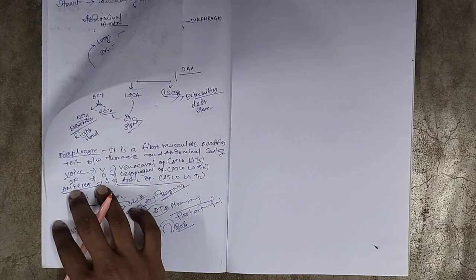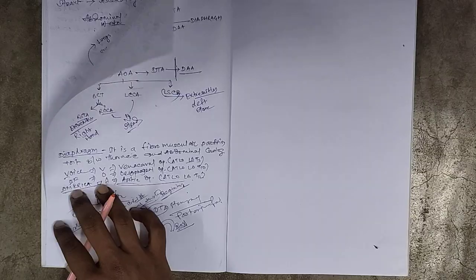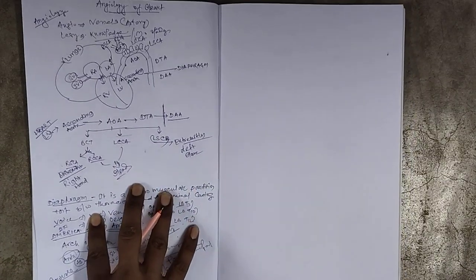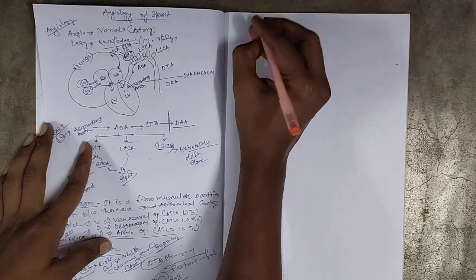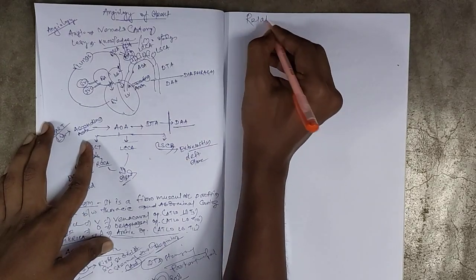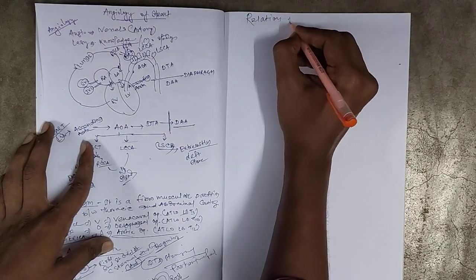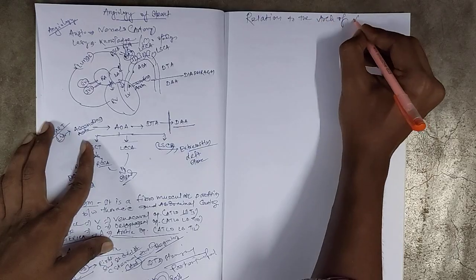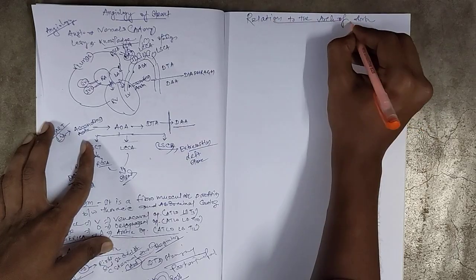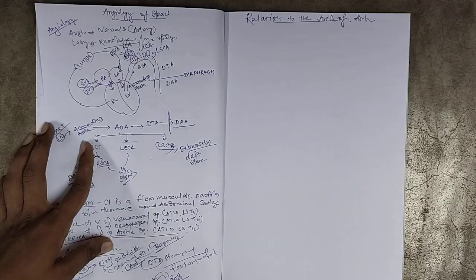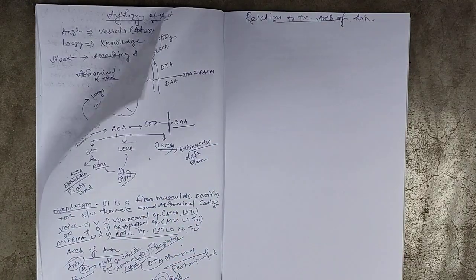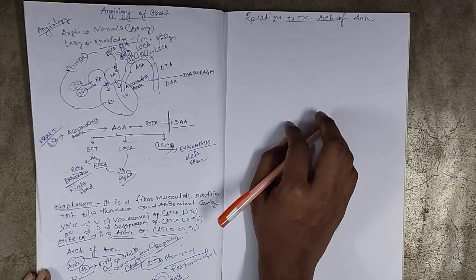Then we will start with the relations of the arch of aorta. Relation means the structures that correlate with the arch of aorta on different sides.